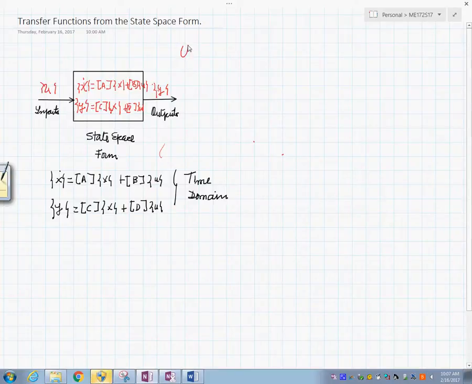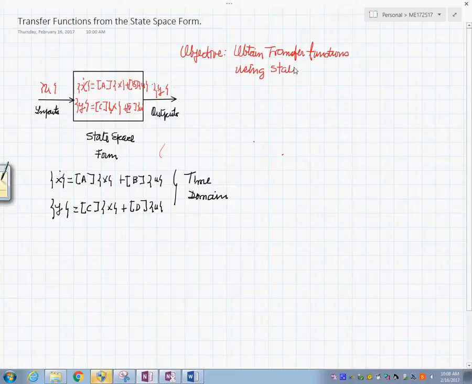I will say objective here: obtain the transfer function using the state space form. Okay, how do we go about doing this?